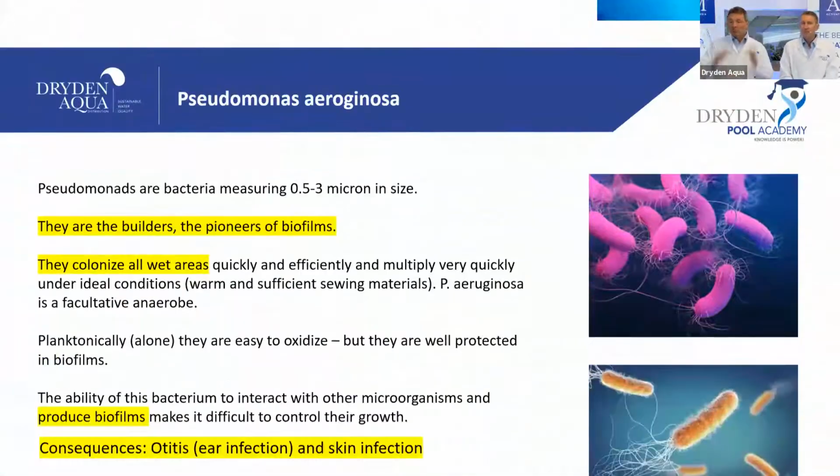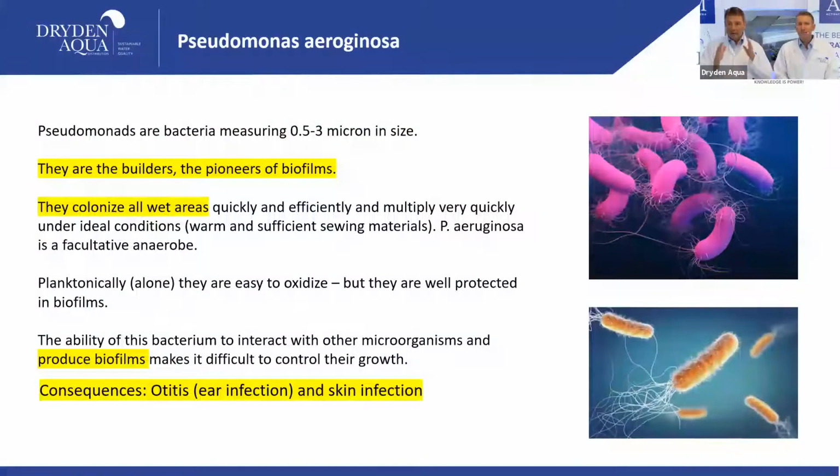Pseudomonas. There are plenty of groups of Pseudomonas. The group which is interesting for us is Pseudomonas aeruginosa. It's also a bacteria, quite small, 0.5 to 3 microns in size. The reason why they are interesting is they are the pioneers of the biofilm. They build up the biofilm, and they colonize all wet areas quickly, efficiently, and they multiply very quickly.